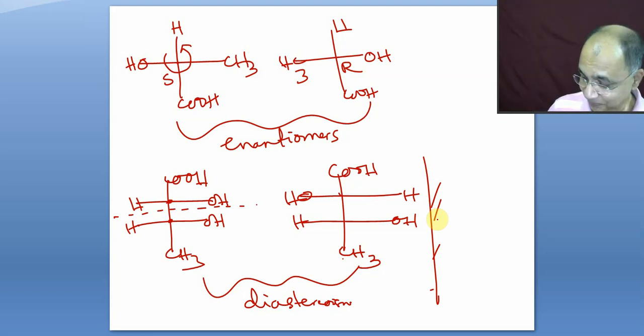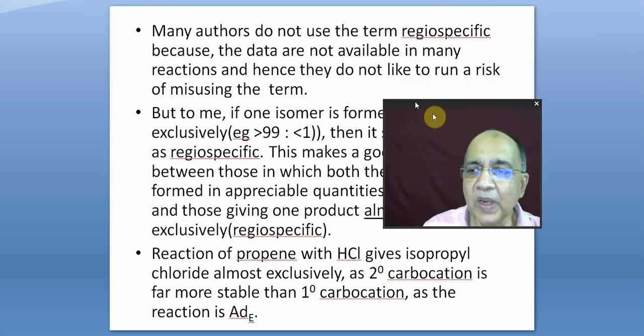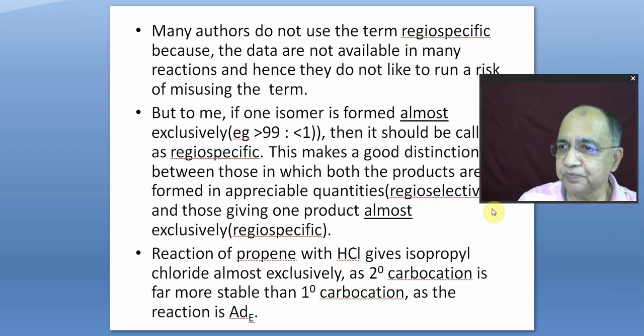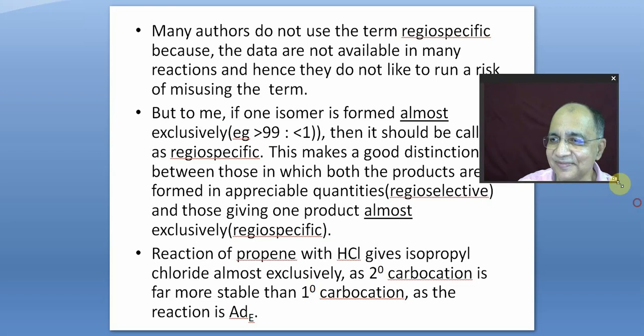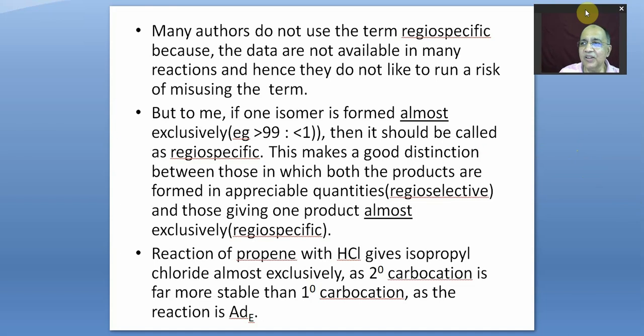Let us start. I have already told you, many authors do not use the term regiospecific because the data are not available in many reactions, and hence they do not like to run a risk of misusing the term, because if one of them is not 100%, then how can they with all conviction say it is regiospecific?